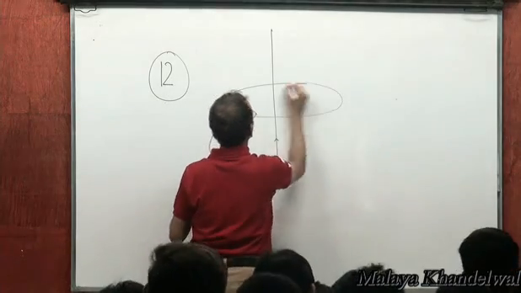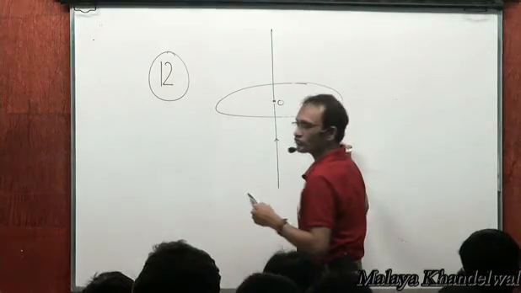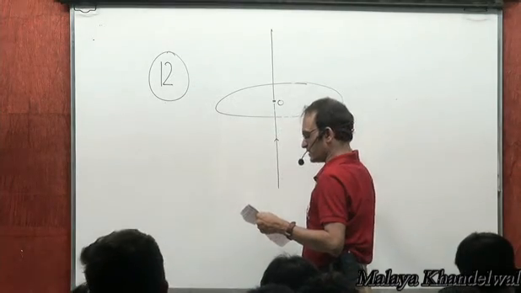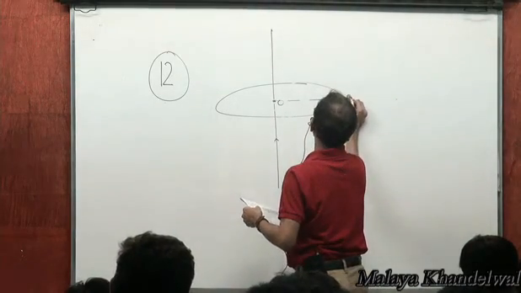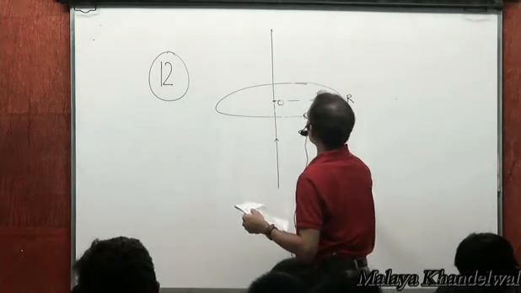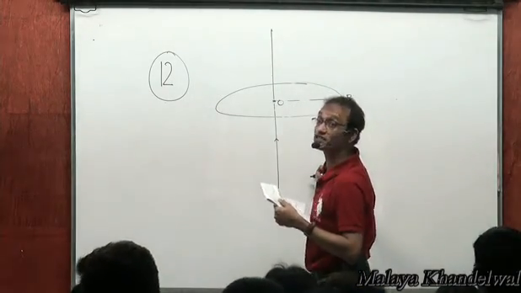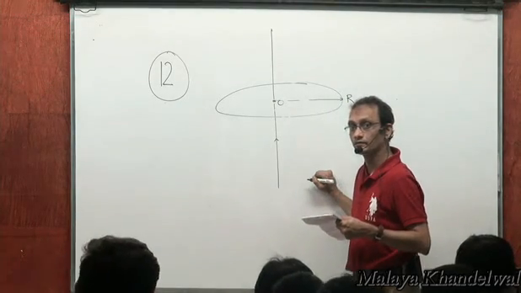This is a long straight wire placed along the axis of a long circular ring of radius r. This is a circular ring of radius r, and we have this wire. And we want to calculate the mutual inductance of this pair.